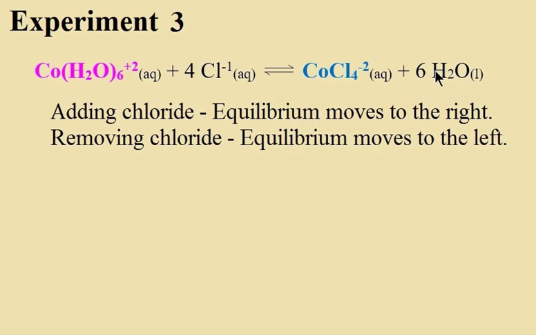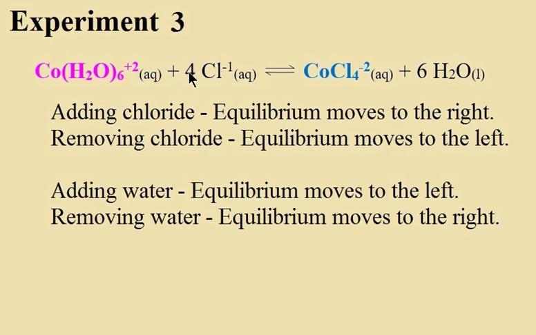Removing chloride causes us to compensate and move towards it, move to the left. If we add water, we move away from the water to the left, favouring the back reaction. If we remove water, we compensate for the removal of water and move towards it, move to the right, favouring the forward reaction.